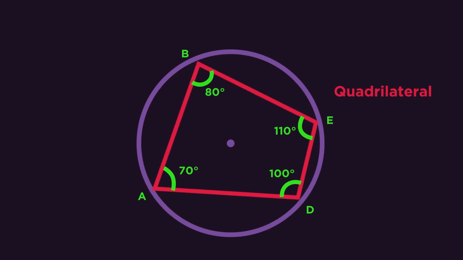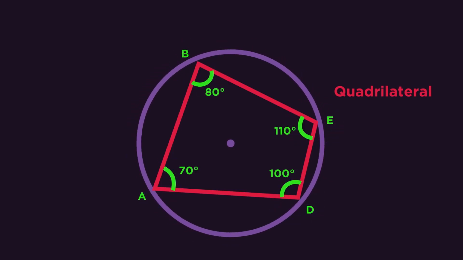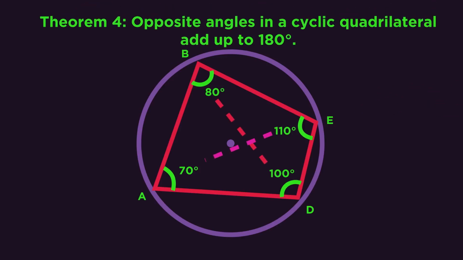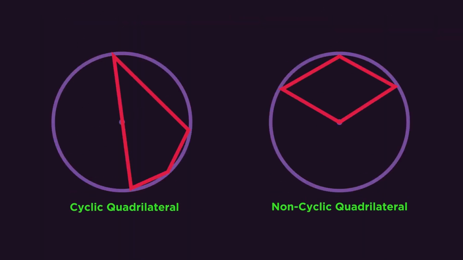But because it's inside a circle and all 4 corners or vertices are touching the circumference, we call it a cyclic quadrilateral. I'm sure you all spotted that the opposite angles add up to 180 degrees. So that's our 4th theorem. And the important part to remember is that all 4 sides must be touching the circumference for it to be a cyclic quadrilateral.